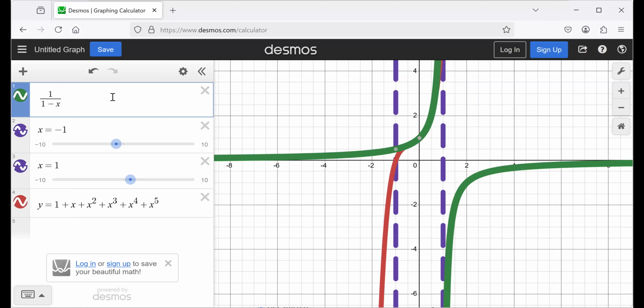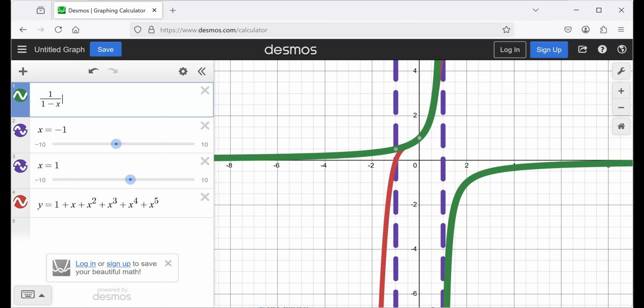1 over 1 minus x is a complicated function, in the sense that if, for example, we wanted to differentiate it, we'd need the quotient rule. If we wanted to integrate it, we'd need to use the natural logarithm.